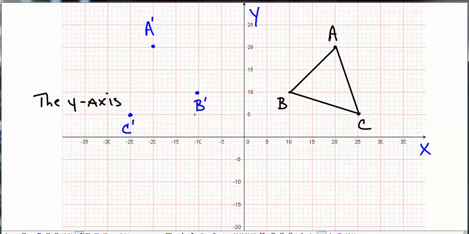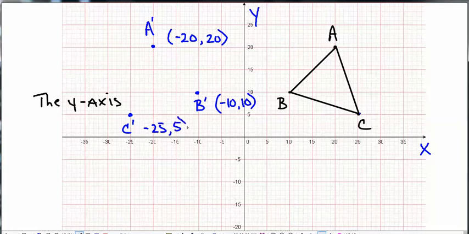And you're going to be asked to list the coordinates of those points once they get reflected across or about the y-axis. So B here would be -10, 10. And A would be, and C would be, okay?